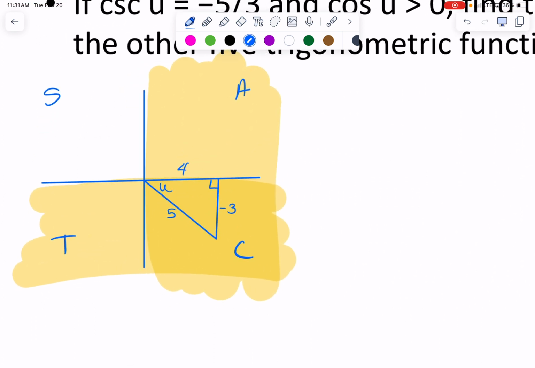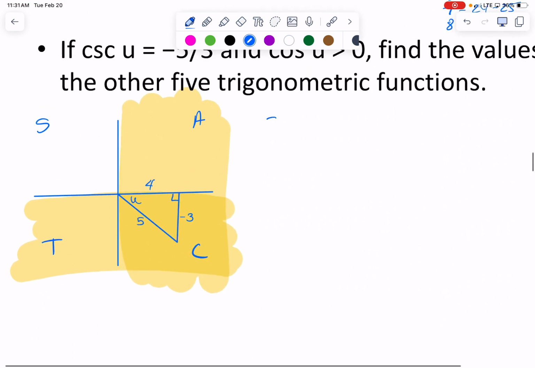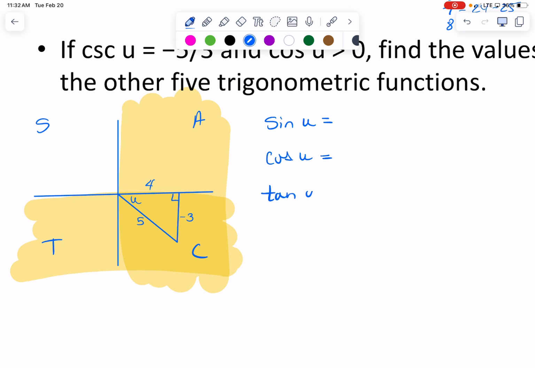Okay, so sine of u, cosine of u, tangent of u, we know cosecant, secant of u, and cotangent of u. So sine is going to be -3/5.